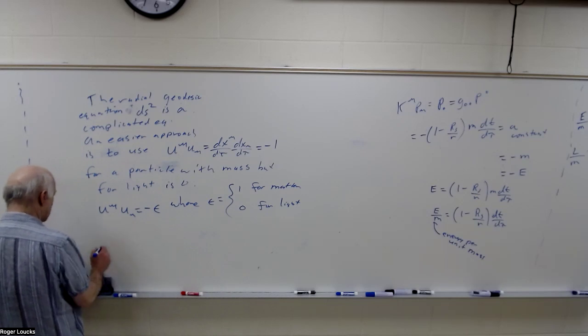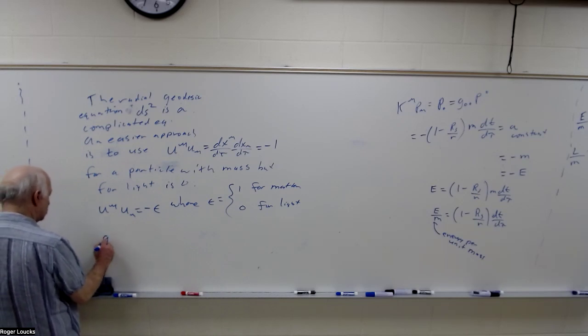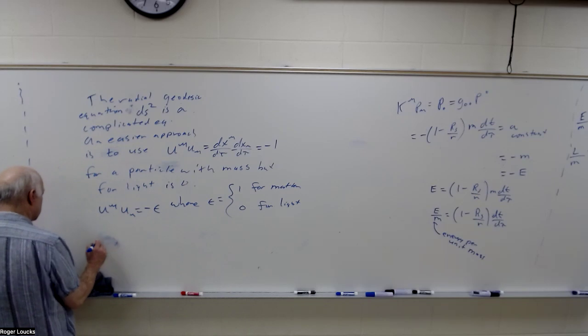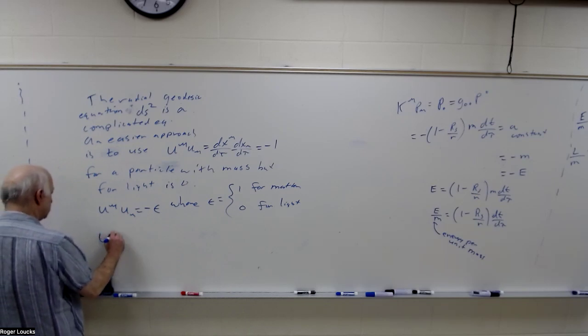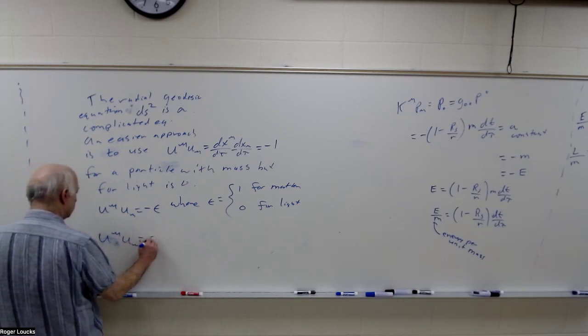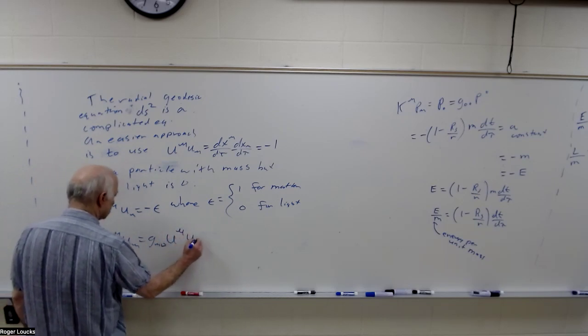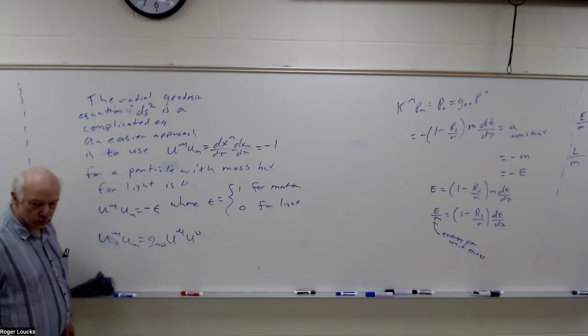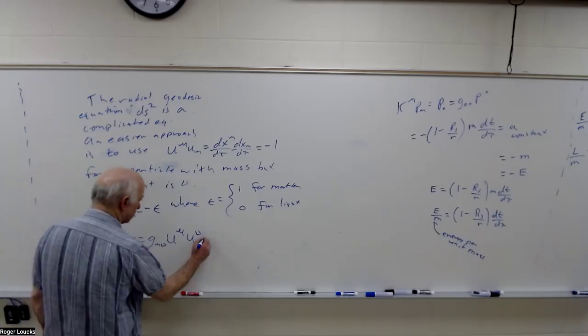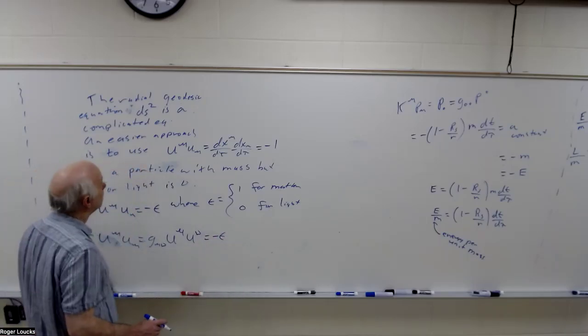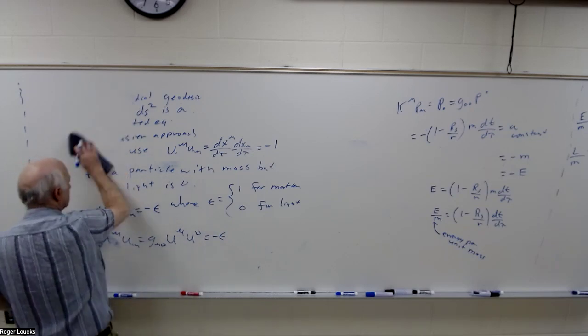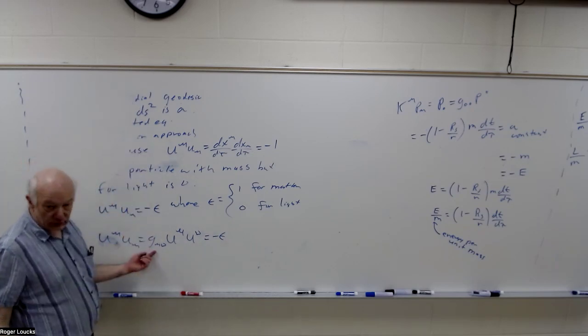So what do we have for this? Let's crank this out. This is g, so it's g mu nu u mu u nu, and this is equal to minus epsilon. If I put this all in here, we know that this is diagonal, so we're only going to get diagonal elements.